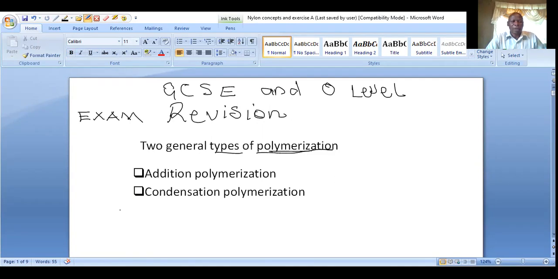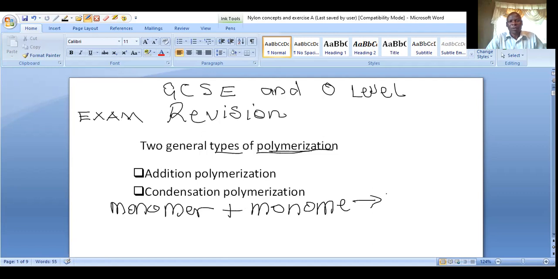In other words, when you have a monomer plus another monomer, there can be several of them, you produce a polymer. And this polymer can be formed by addition polymerization or condensation polymerization.